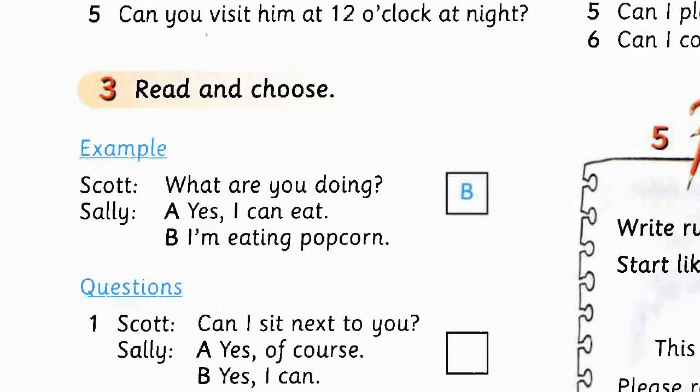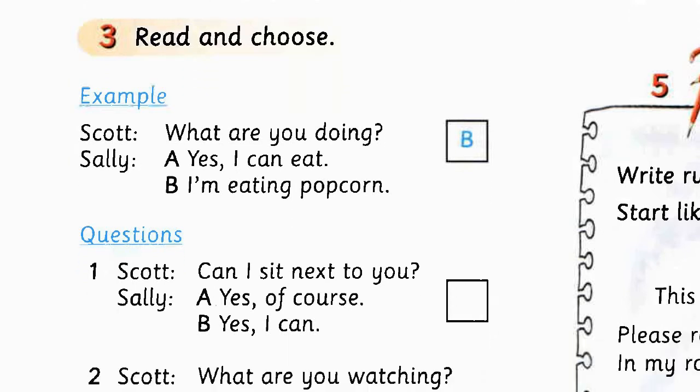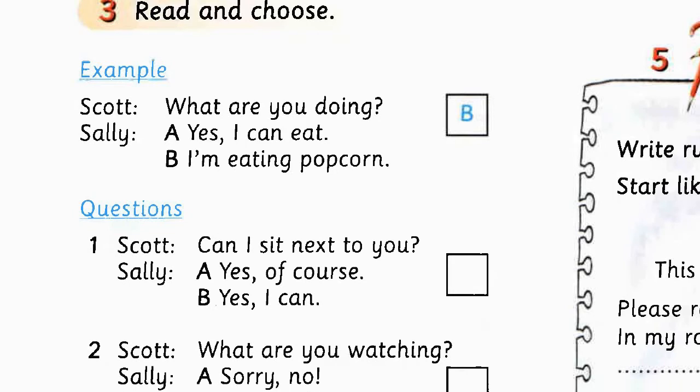Let's go to exercise number 3. You need to read and choose. Look at the example. We have got an example to help you. Scott is talking to Sally. Scott, what are you doing? Sally: A, yes, I can eat. Or B, I'm eating popcorn.